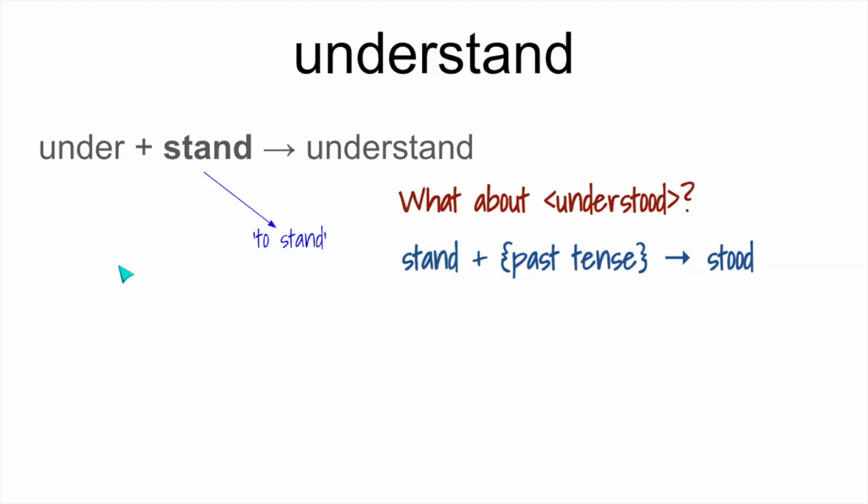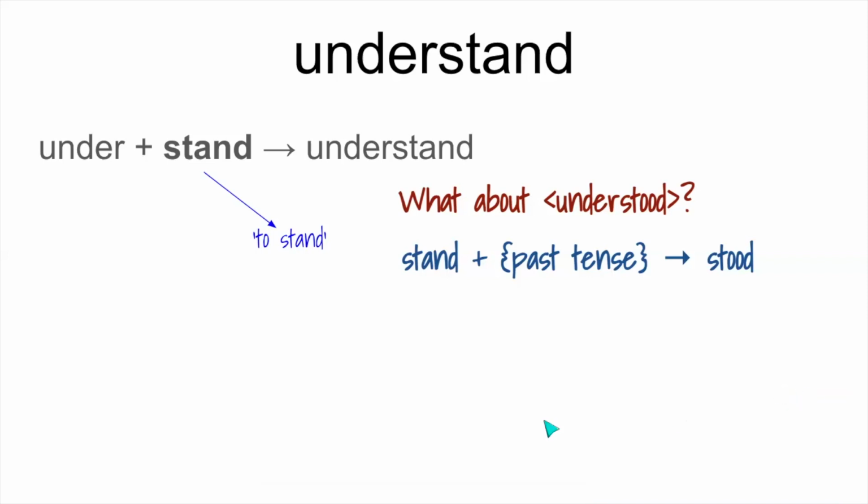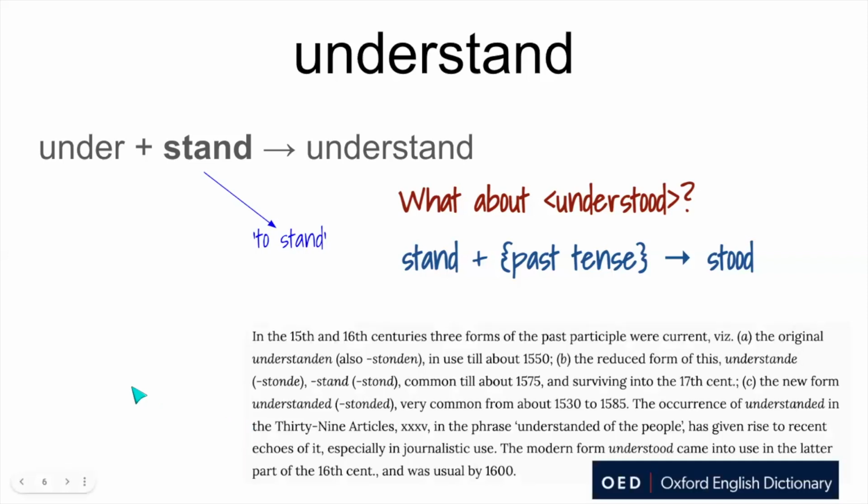What I found really interesting when I investigated this word was that up until the 16th century, we were using the word understanded. So it was happening in the spelling for a time where we were adding the ed. Now, why did we go from adding the ed to understood?